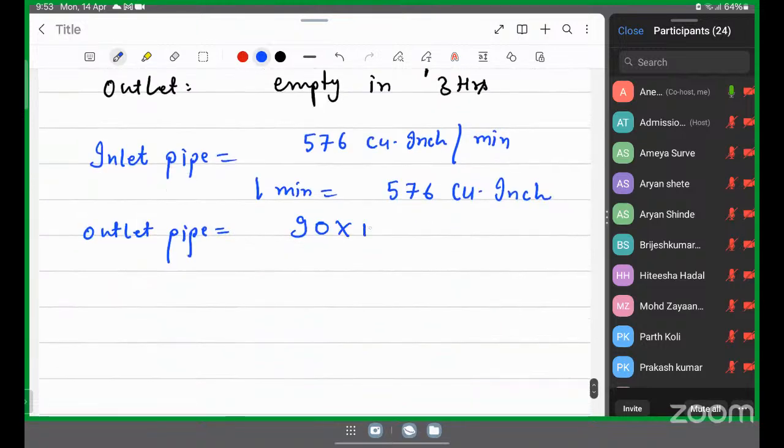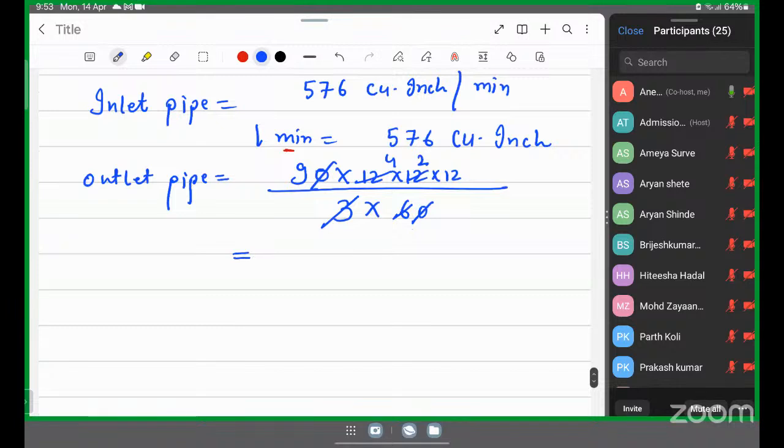So this will be 12 into 12 into 12 because it is feet cube, divided by 3 hours. But again, here time is in minutes, so it has to be in minutes. So 1 hour contains 60 minutes. So if we solve it, this will be 4, this will be 2, and on simplification it will give 864 cubic inch.